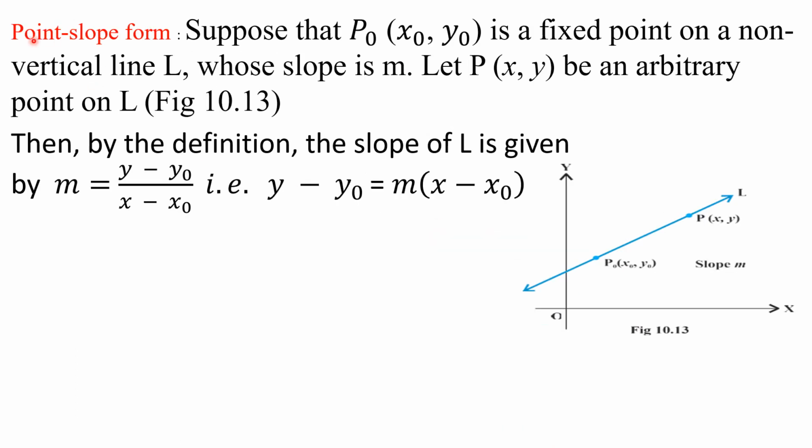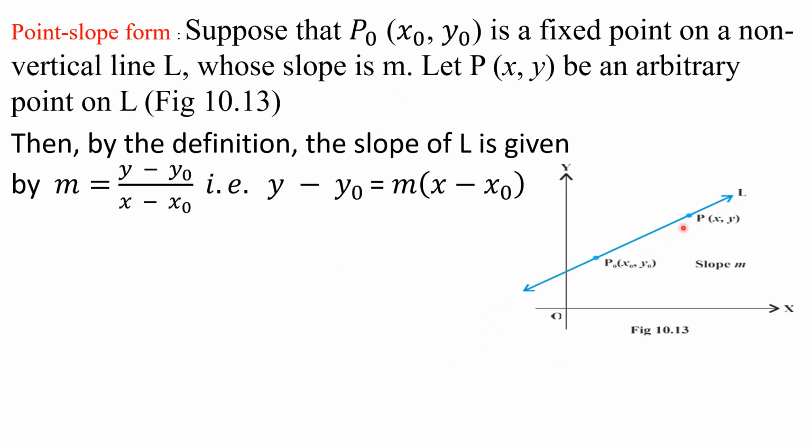Right. Now the next form of the line, that is the point slope form. Okay, my children. Suppose the point P naught, ordered pair x naught, y naught, is a fixed point on a non-vertical line L, whose slope is m.